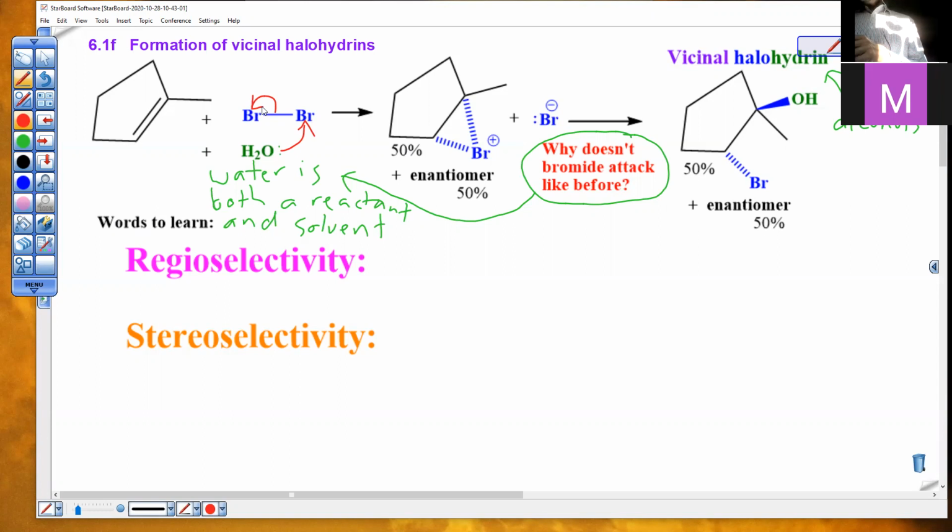And what you get is this intermediate here and a bromide. But more importantly, there's a bromine with water attached. And that's an oxonium because the oxygen now has 3 bonds.